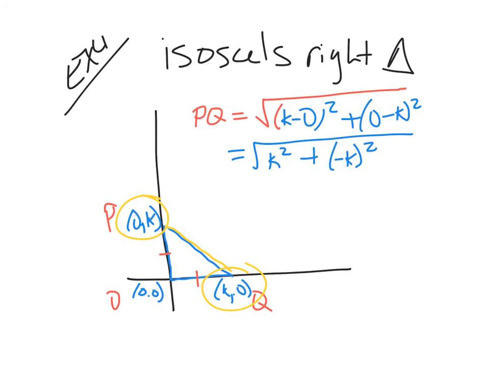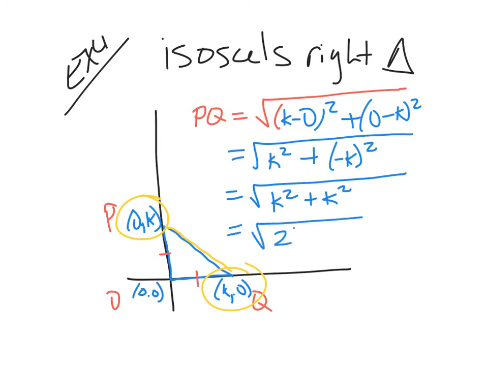Like that. Now I can simplify that and say, what is a negative times a negative? Right, so I can just say this is actually k squared plus k squared. So what's 1k plus 1k equals? 2k, so this would be 2k squared. Okay, and then the very last thing you can do is when you have something squared that's under a square root, they cancel.